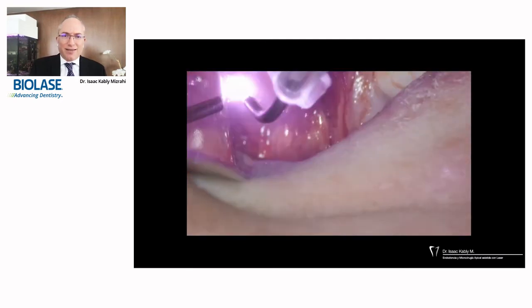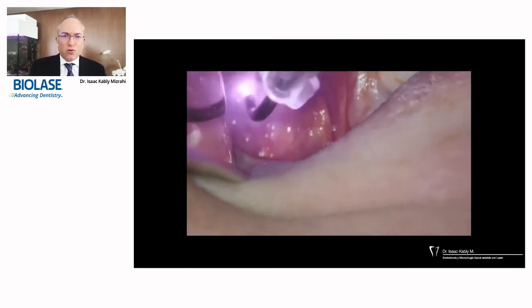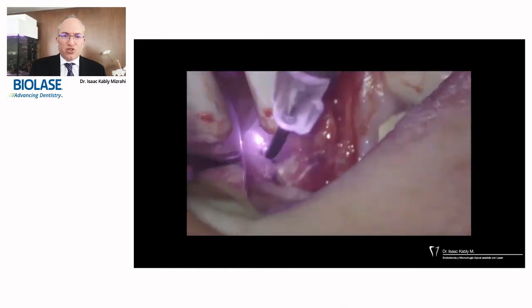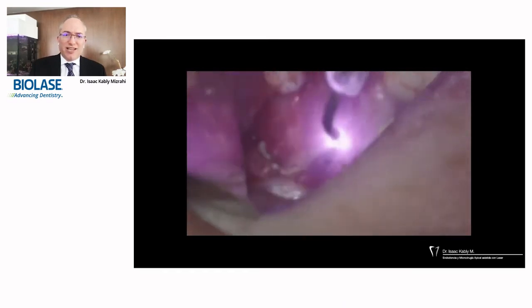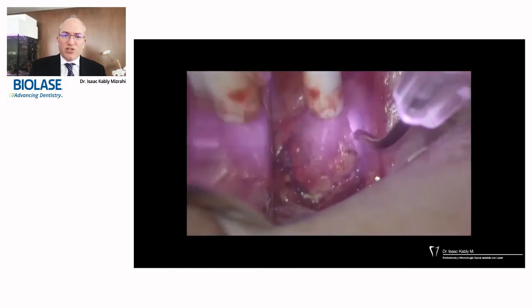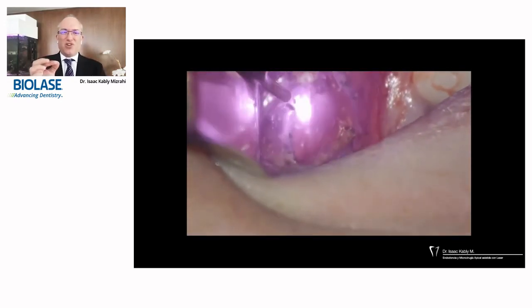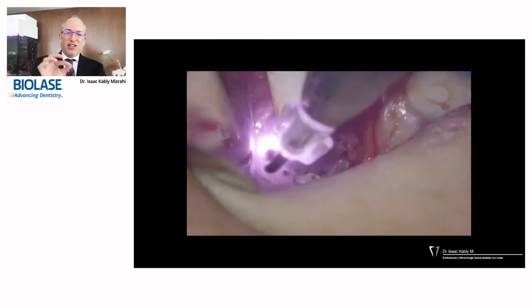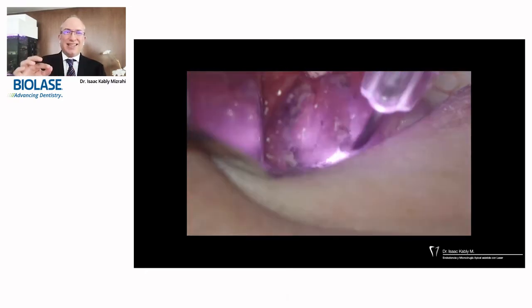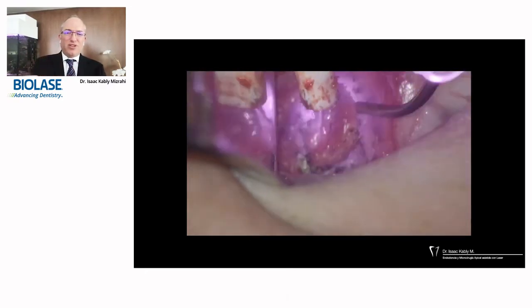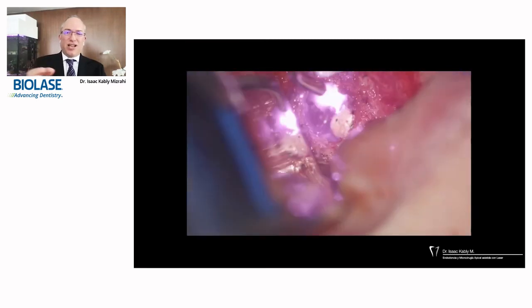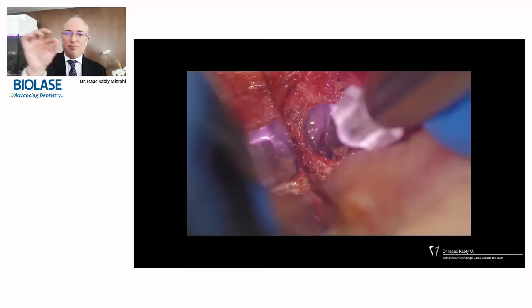I combined two wavelengths to treat it surgically. Sometimes I use the 940 nanometers for the granuloma. Since you don't have that feedback with the laser, sometimes you need to feel a little bit where the granuloma ends, and then when you lift it up and pull it out, you can have a great visual of your root canal ending.